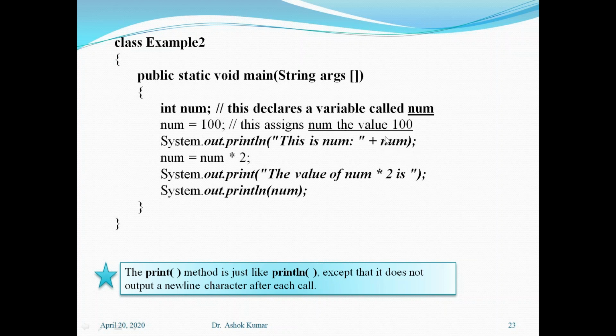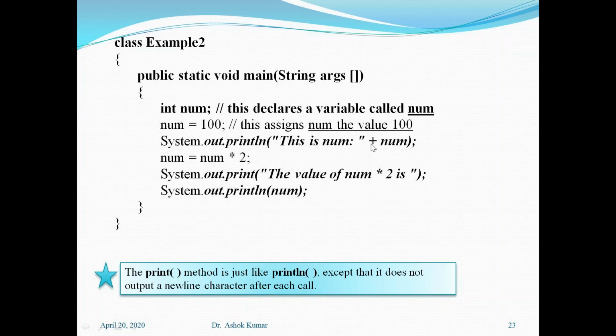Then these two strings will be concatenated. So these two strings will be joined, and after concatenation you will get this result: this is num 100. And then this println method will print that result.